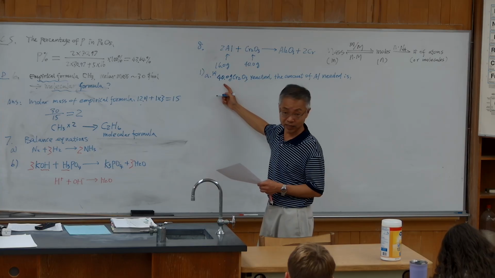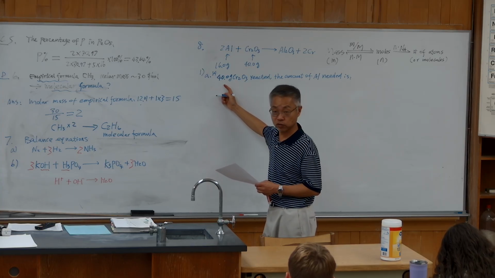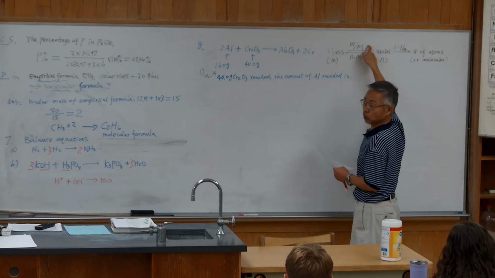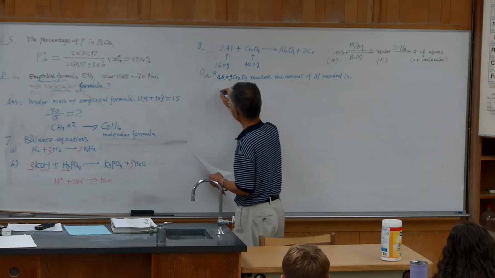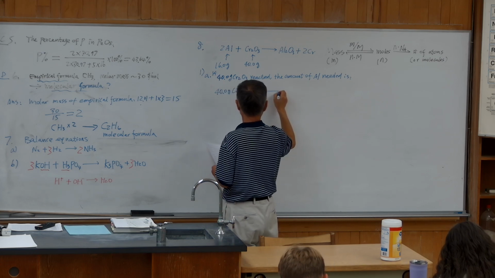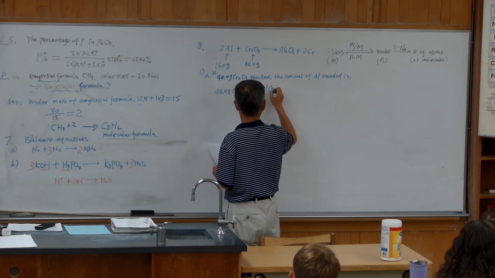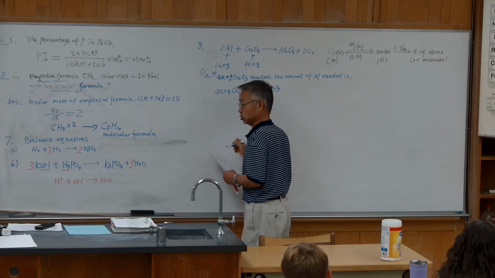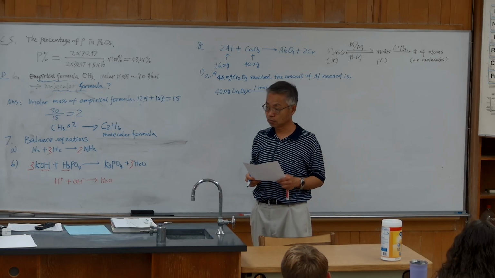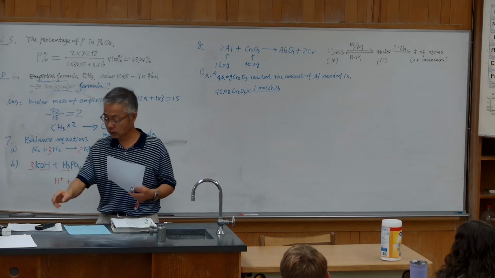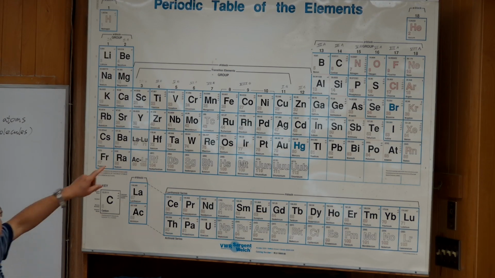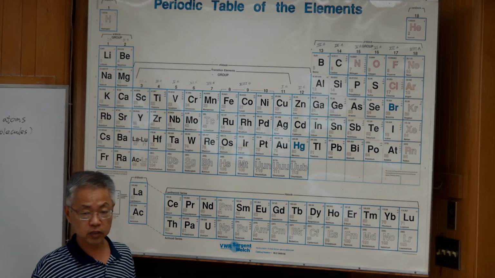This 40 grams is mass. Mass always converts to moles. How to convert mass into moles? Mass divided by molar mass gives you moles. So 40 grams divided by the molar mass of Cr2O3. Take a look at the periodic table. The molar mass of Cr is 51.996, about 52.